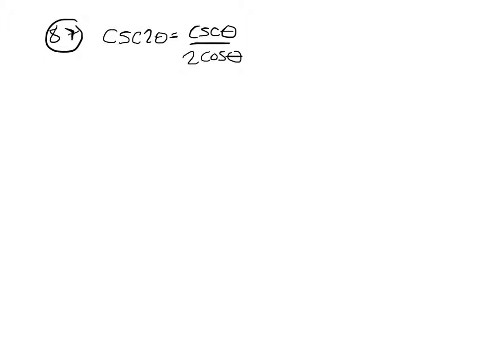And this last one, let's see here, we are supposed to show how the one side equals the other. So cosecant of 2 theta, notice there is no formula for that, so I'm going to change that into 1 over sine of 2 theta. And then I'm going to use the formula, so it's 2 sine theta cosine theta.